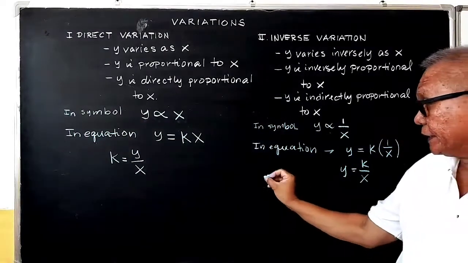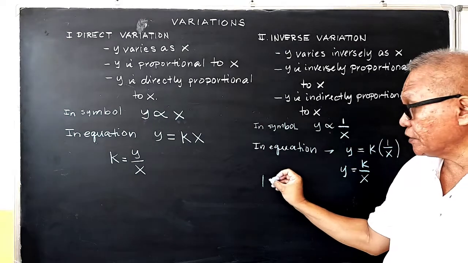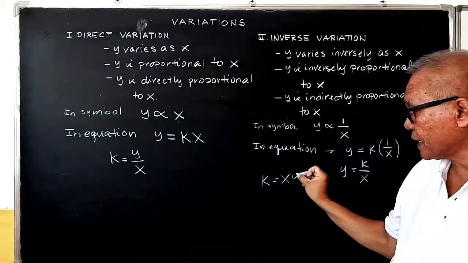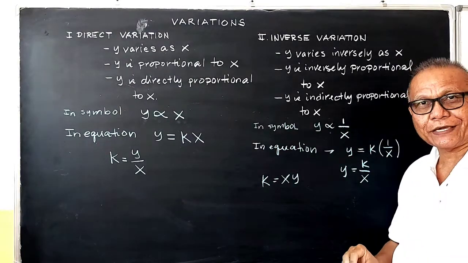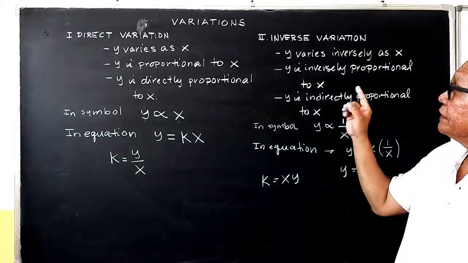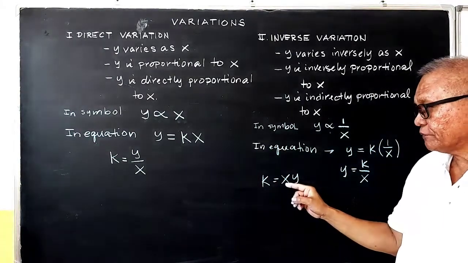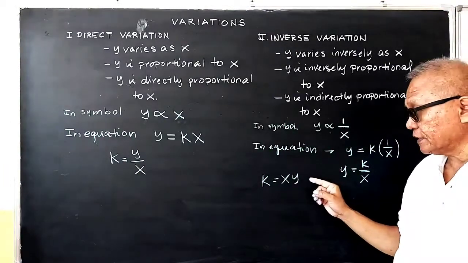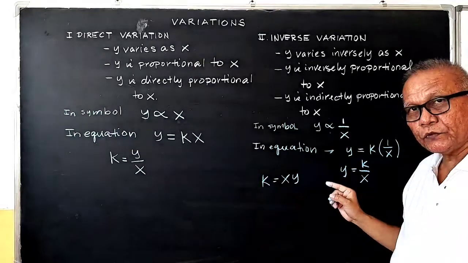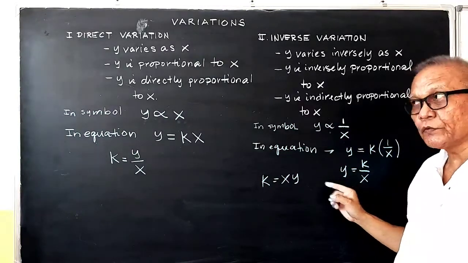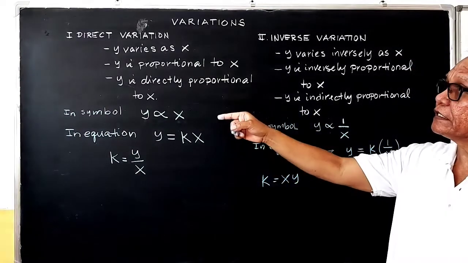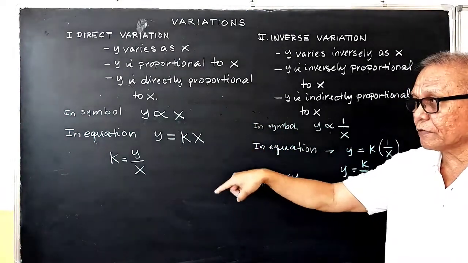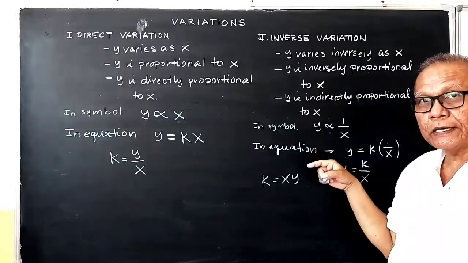So our k here in inverse variation is k is equal to x times y, or y times x. So in inverse variation, we have multiplication. X sub 1 times y sub 1 is equal to x sub 2 times y sub 2. The other one, in direct variation, is different. Y sub 1 over x sub 1 is equal to y sub 2 over x sub 2.